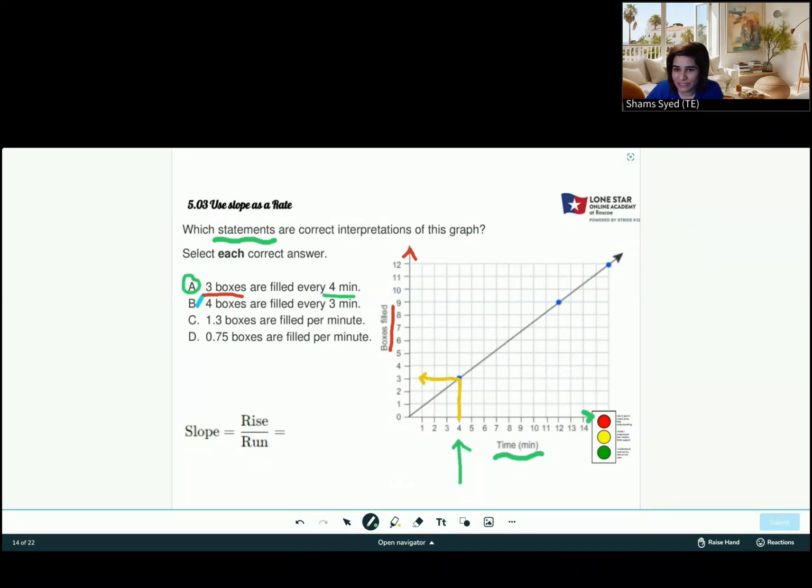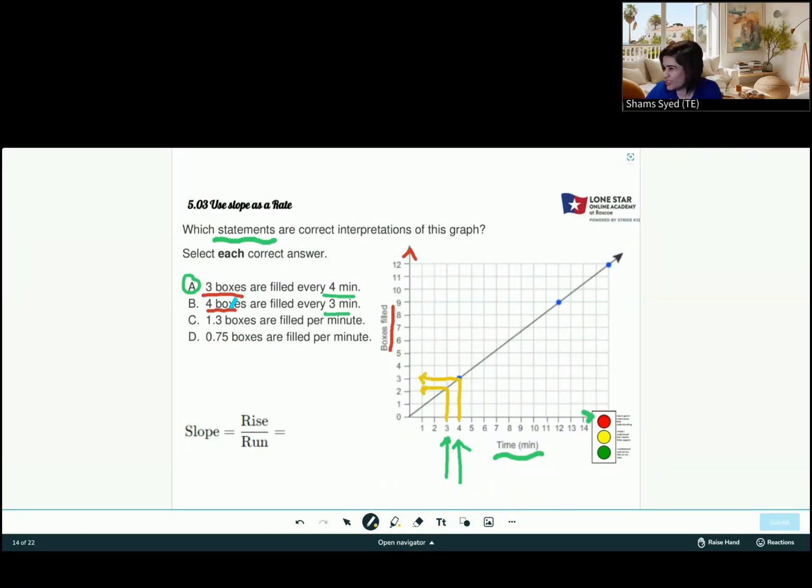Let's try out B. B says 4 boxes, that's Y, are filled every 3 minutes. Let's go to 3 minutes now. How many boxes are being filled in 3 minutes? I go up 1, 2, and a little bit more.